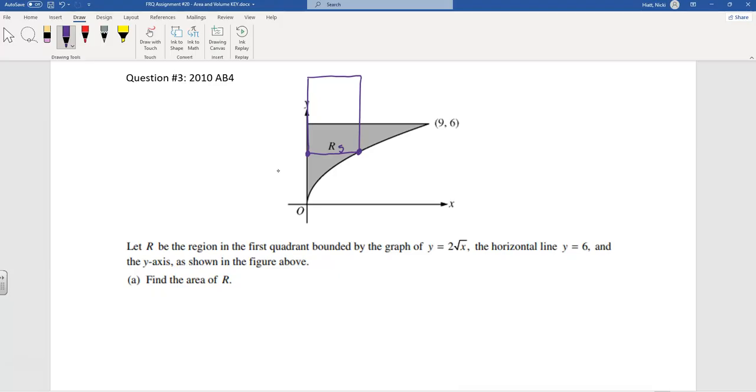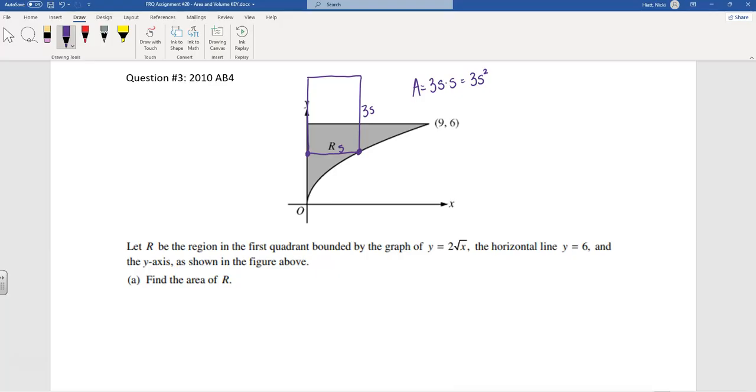What's the height of that rectangle going to be? If the bottom is S, what's the height going to be? 3S, because it tells us the height is 3 times the length of the base. Okay, what's the area of that rectangle? 3S times S, which is 3S squared.